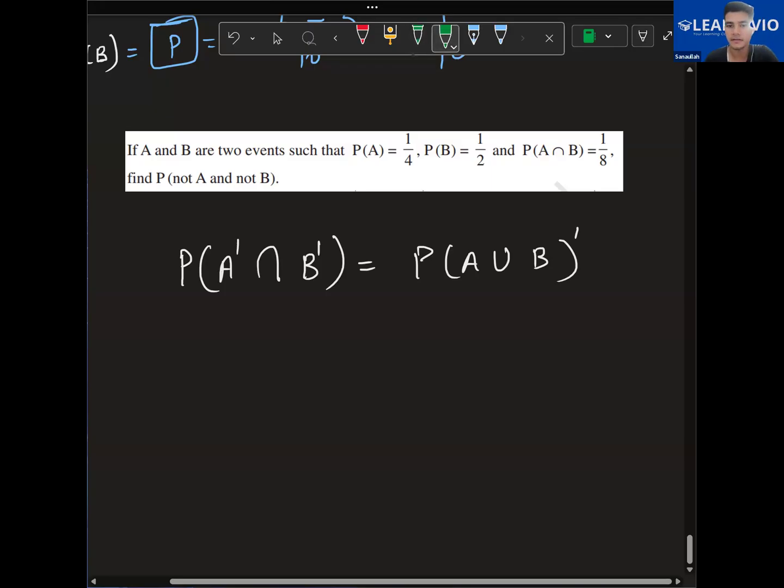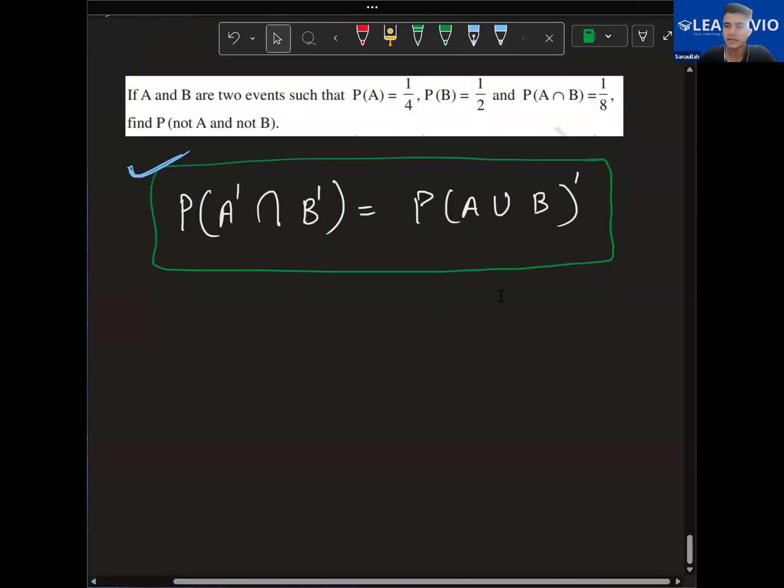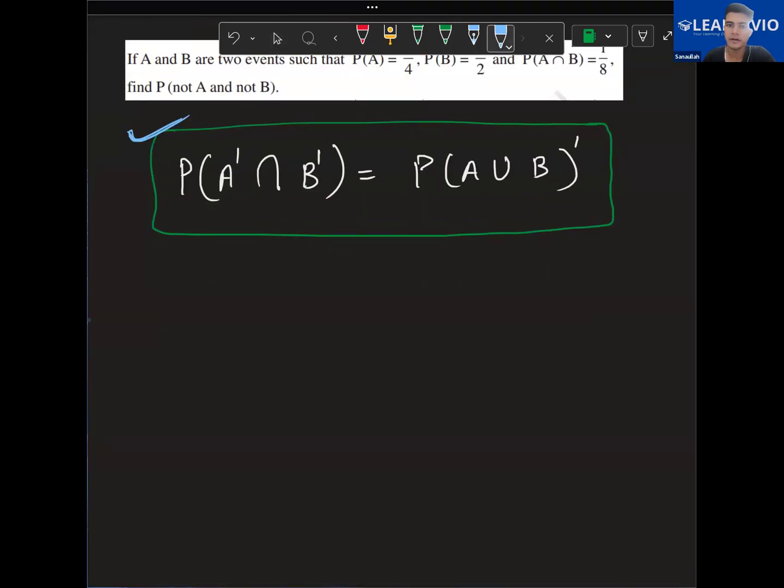This is an important formula as well. You can solve it by finding the complements, but if you know this formula, it is a little bit easier. So A complement intersection B complement gives you the probability of A union B whole complement.